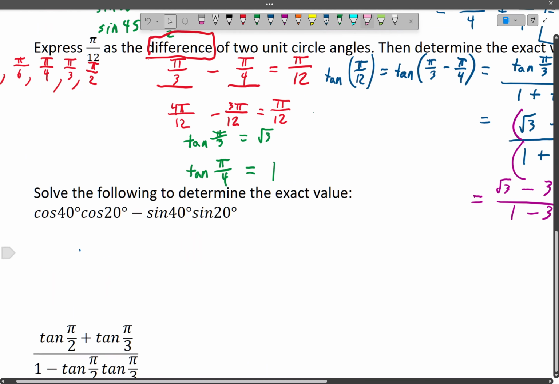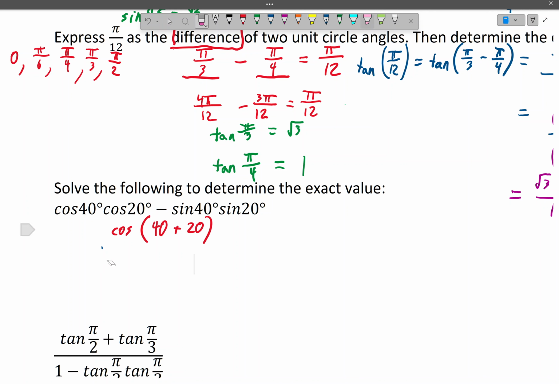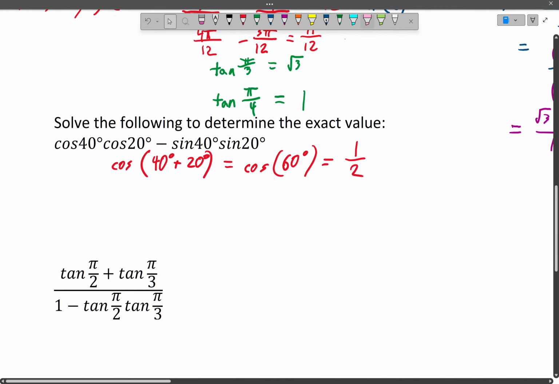So we just have to match with one of our identities. So it's going to be cos of 40 plus 20, which allows us to get cos of 60. And because it's in that position, the answer is going to be 1/2 from the unit circle, and that's done.